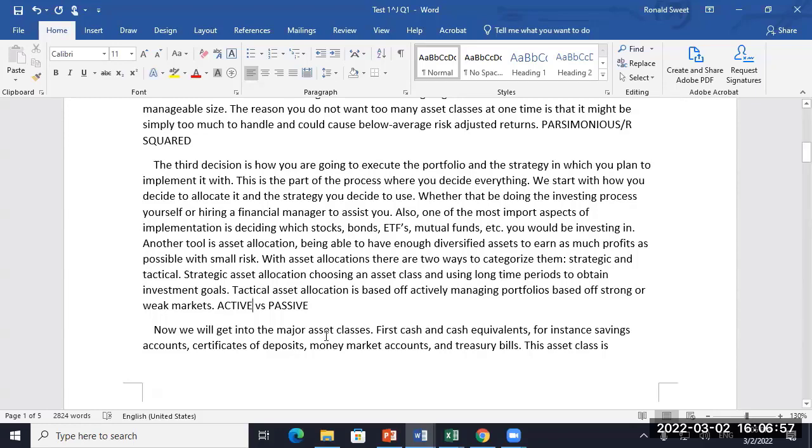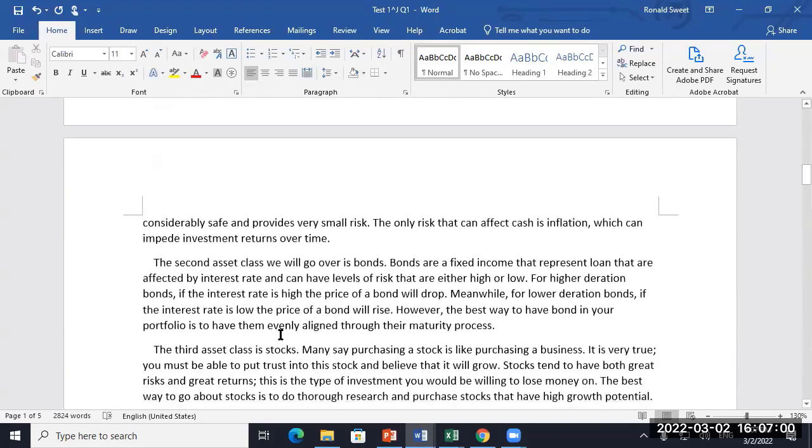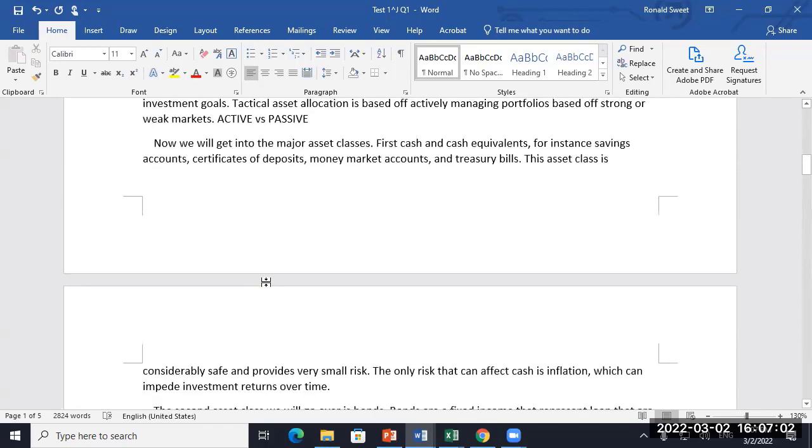Now she gets into the major asset classes. So first is cash and cash equivalents. Now she doesn't specifically list the 4 major asset classes. I would start with that. If she doesn't do that, but they're there, like she introduces them by introducing them, she does bonds and does all the bond stuff, I'll give her full credit because she talks about that.